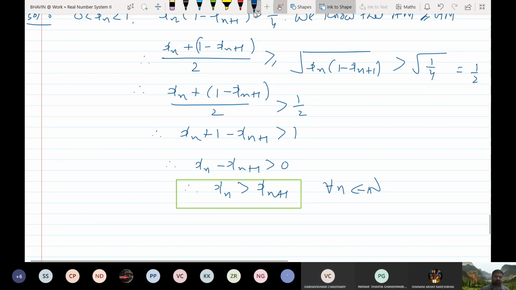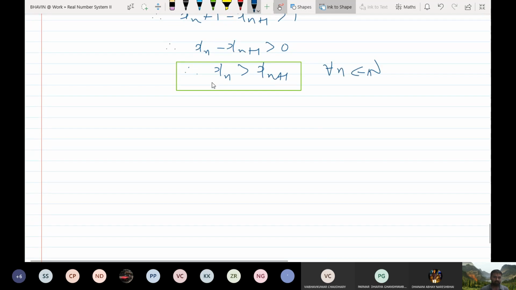xn is decreasing. Monotonically decreasing, not just decreasing.